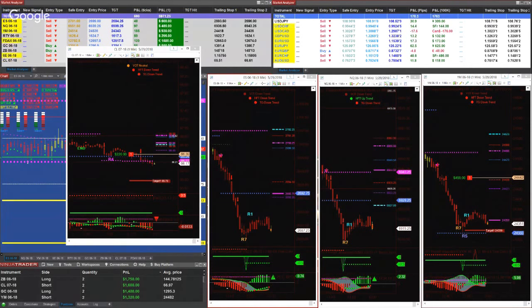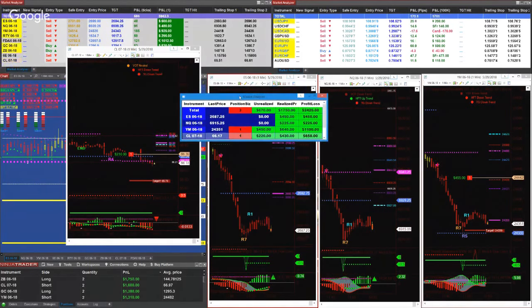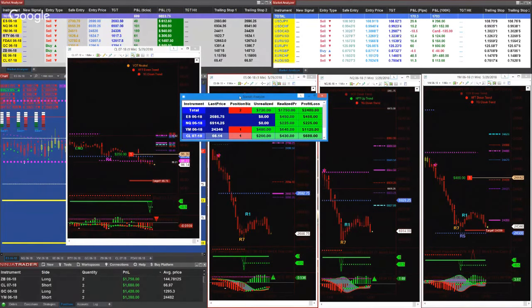I hope all the traders walk away happy. From 10 o'clock to 12 o'clock, if we take the $800, we nailed around $1,600 in 2 hours of trading based on one contract.